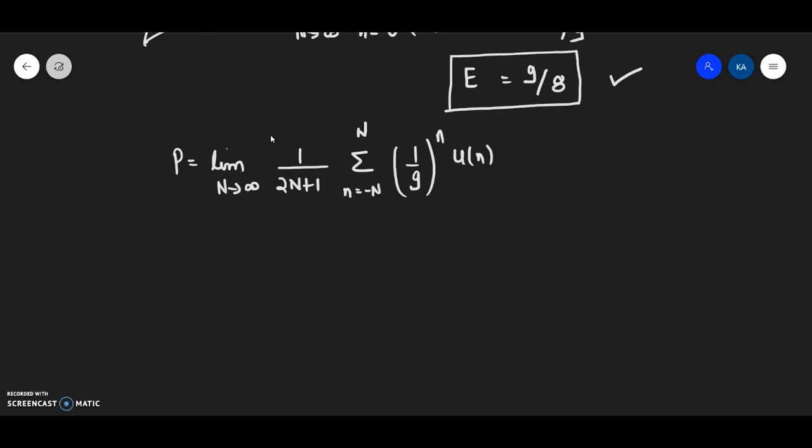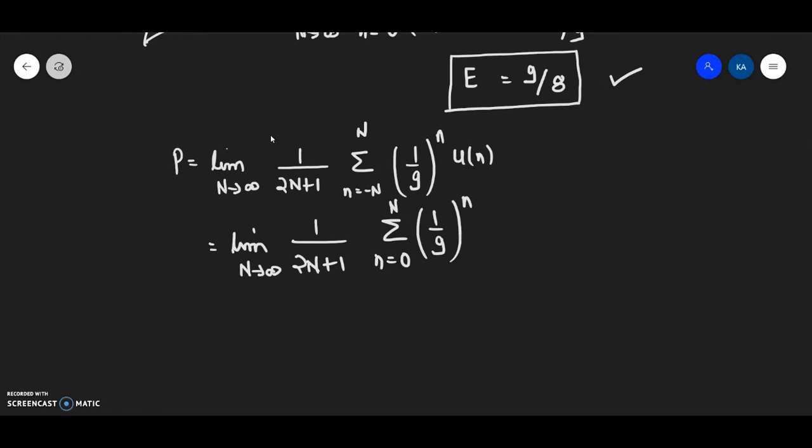Now again, u[n] will come into action, and this will become limit n tending to infinity of 1/(2n+1), and the sum will change to 0 to n of (1/9)^n. Fine.